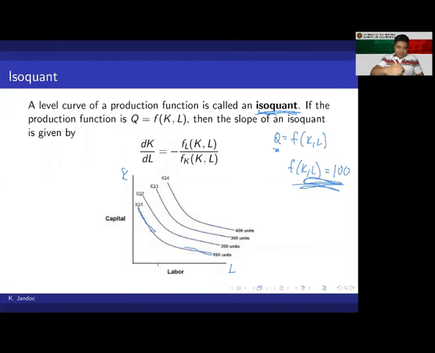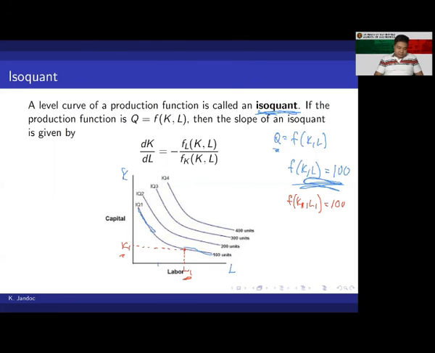So what does it mean? It means that the isoquants are combinations of K and L that would produce 100 units of output. So for instance, we have this amount of L, call it L1, and this amount of K, K1. If we put in F(K1, L1), you put in this amount of L and this amount of K, it will produce 100 units.